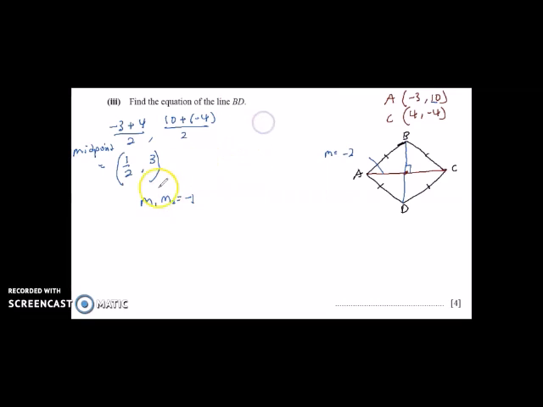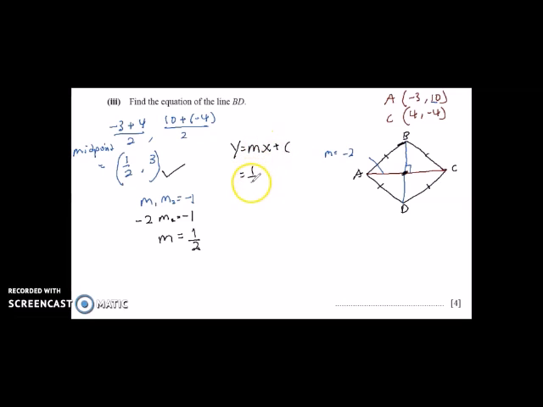Here you will be getting negative 2 times m2 equals negative 1, so the gradient here will be 1 over 2, as the negatives cancel each other. We have found the coordinate at the midpoint, which is also a coordinate of the line BD, and we have this gradient. So we just substitute into the equation y equals mx plus c.